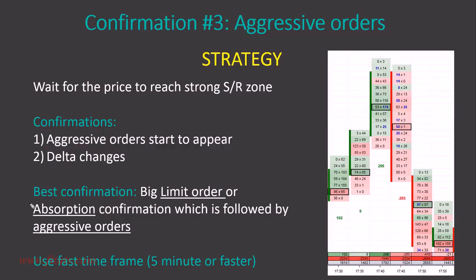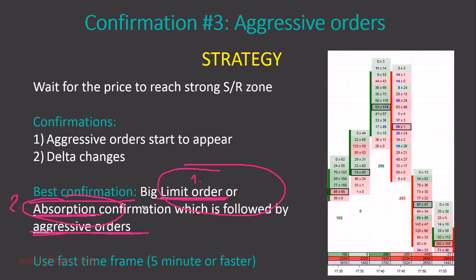Now, the best confirmation you can get is if you see a big limit order or an absorption confirmation, and that is followed by aggressive orders. So if you remember, a limit order and absorption, those were also confirmations which I mentioned in the previous videos. That's confirmation number 1. Absorption is confirmation number 2.